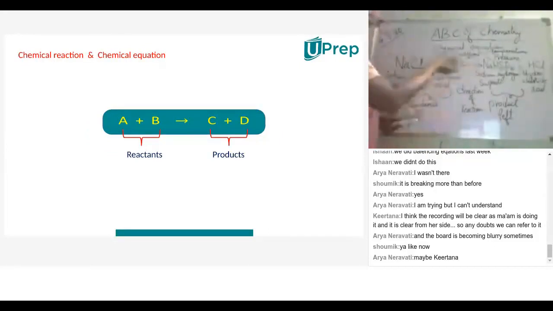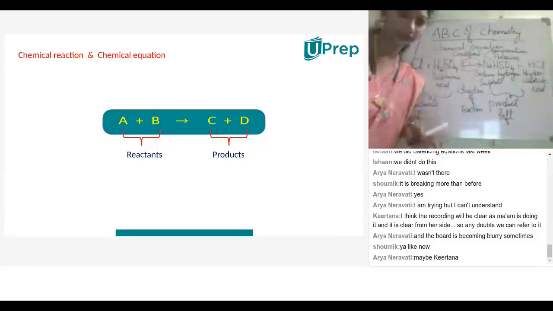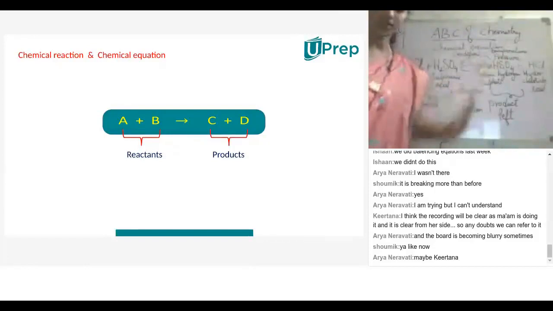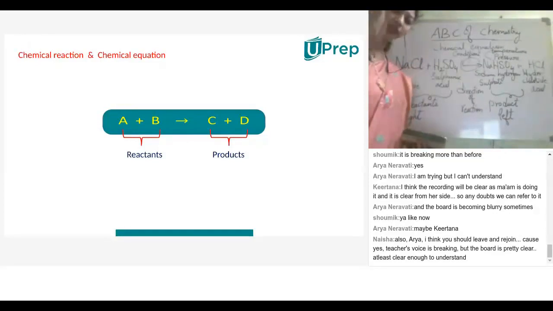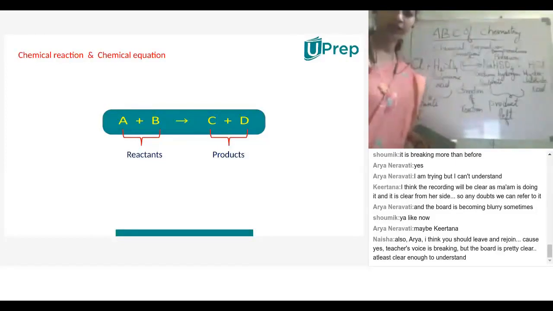Now I have explained the representation of chemical reactions or equations on paper or in a presentation. Here the conditions are temperature and pressure. Simply, A plus B are the reactants, C plus D are the products, and the arrow mark represents the direction of the reaction. Above the arrow mark, we can write the conditions.